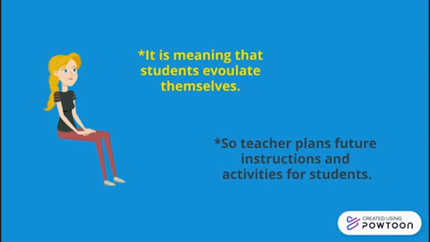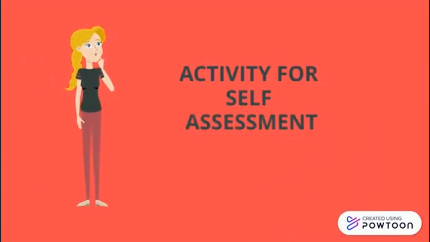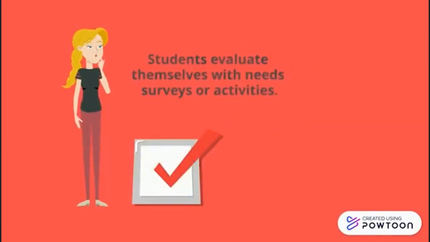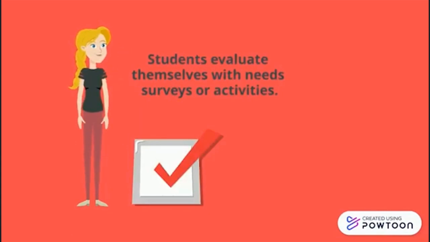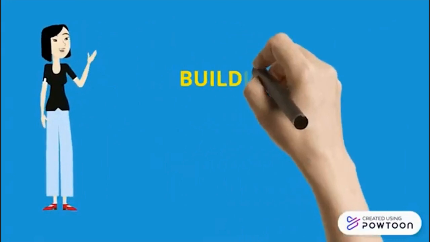There are some special activities used by the teacher in this self-assessment. These activities are needs surveys and green card, red card game, and like questions, assessment questions, I can and I can't on these green and red cards.